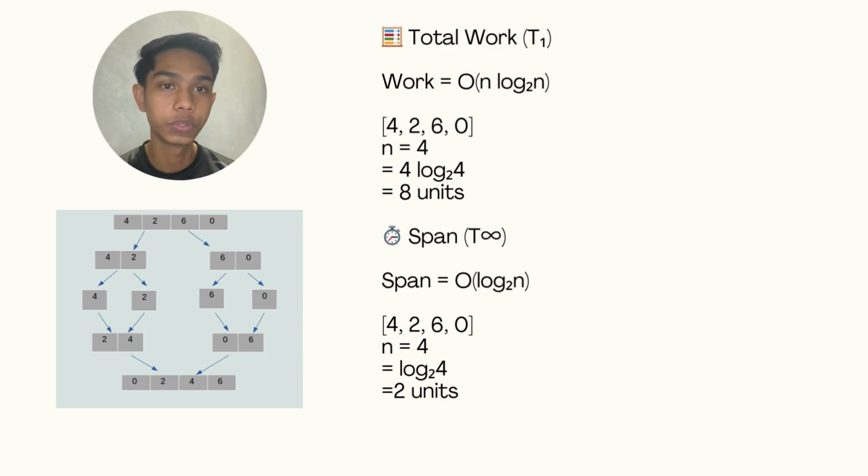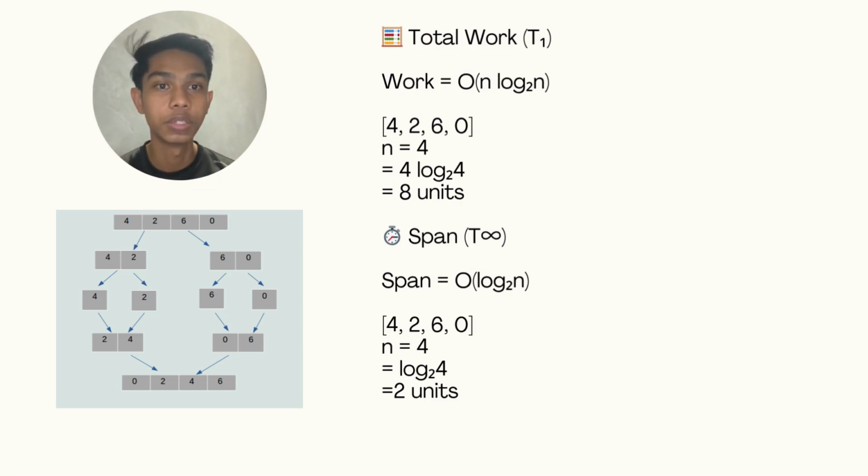Then we go to span. Span is the longest dependency chain, or critical path length, the minimum time to complete the task with infinite processors. We are given the span formula O(log₂ n), and based on the image we have 4 numbers, 4, 2, 6, 0, so n is equal to 4.